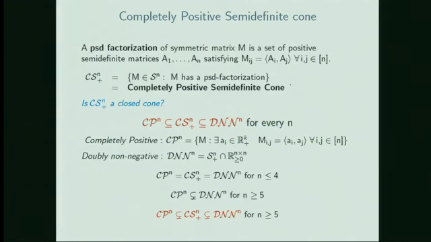So it is closed for those values of n also. Sorry? For n at most 4, it's closed. Yeah. What about n equals 5? Is it closed for n equals 5? We don't know. I think that the closure is known. I think there's a reference to this, but we could talk afterwards. Okay, I would love to hear.